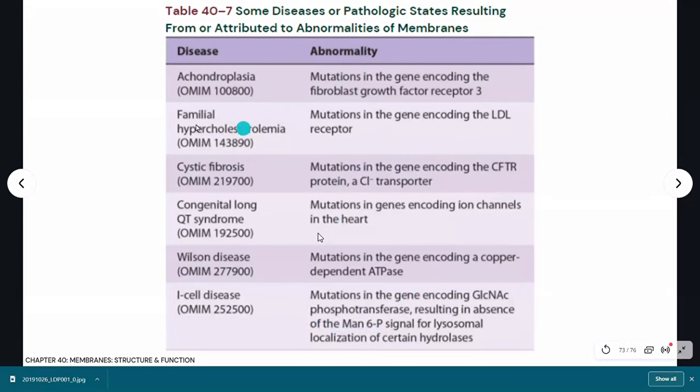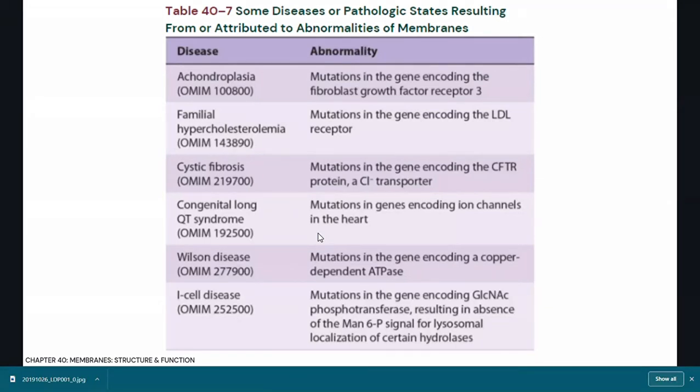Okay. Familial hypercholesterolemia. So meaning to say, there is a problem with the LDL receptor. So the LDL could not be taken in by the cells because there is a problem with the receptor for LDL, so that the LDL cannot bind to that receptor. So what happens?